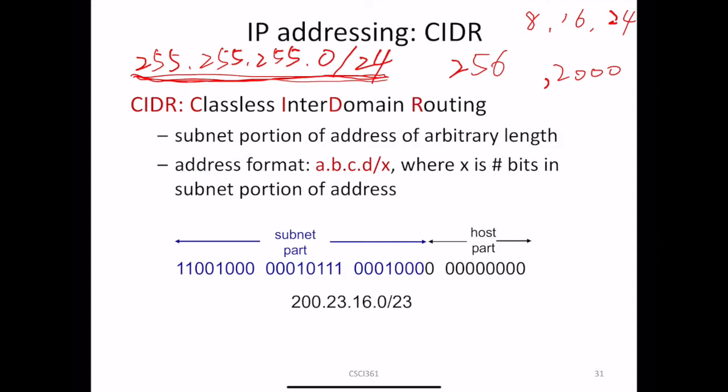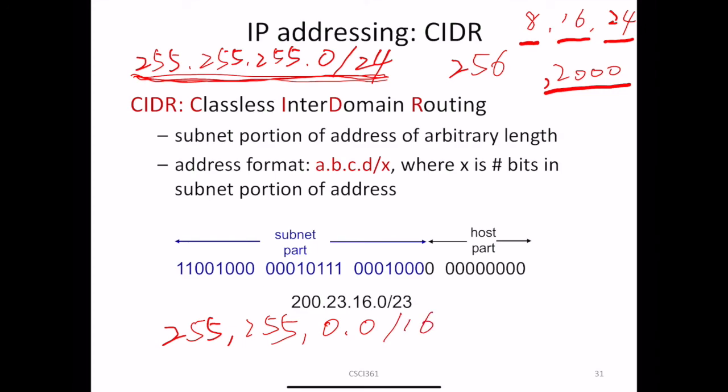However, in the early age, we only have 24, 16, or 8 as a subnet mask number. So if we want more than 2,000 IP addresses, we should use this one, which is 255.255.0.0, that is /16.